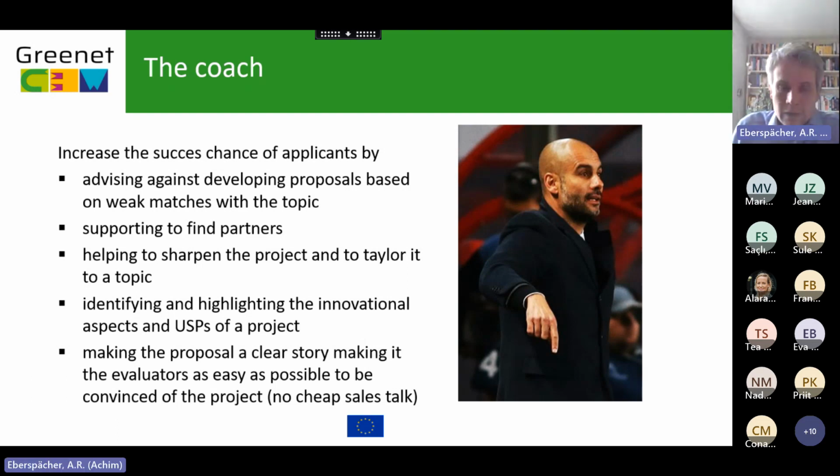Identifying and highlighting what is new, what is the innovation, and what is the special, unique thing about a project. And all in all, making the proposal a clear story to make it as easy as possible for the evaluators to be convinced of the project. In my eyes, that has nothing to do with cheap sales talk.